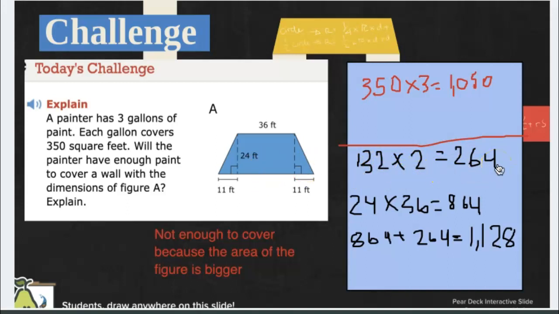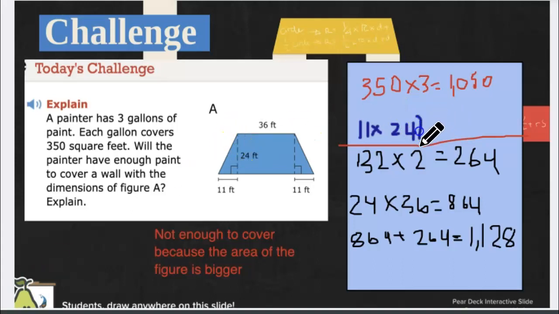Where did she get 132? If you look over here, it is 11. You could have 11 times 24, she should have put 11 first, times 24, divided by 2.